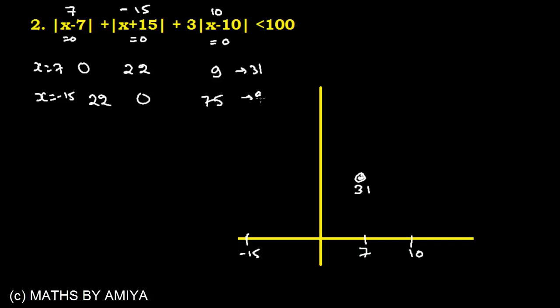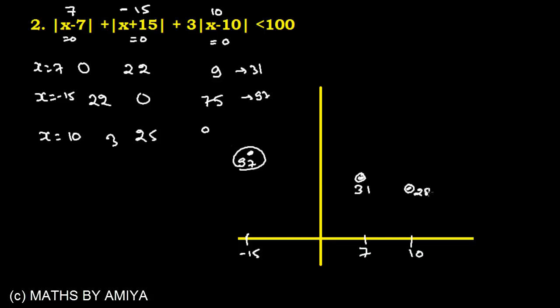Total is 97. So this value is assumed to be 97 irrespective of the scale, because we are just plotting the graph. Then put the corresponding root of 10: this becomes 3, this becomes 25, and this becomes 0. So for the 10 we have 28.